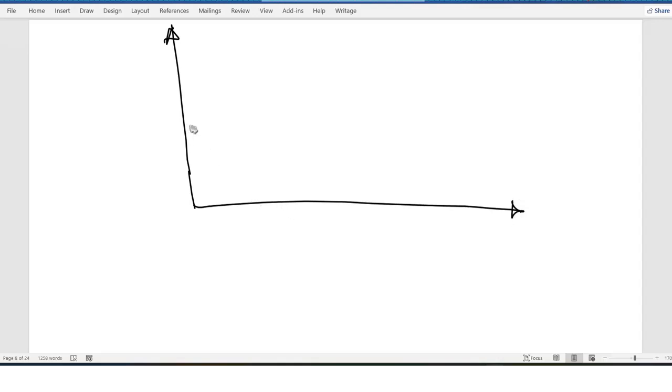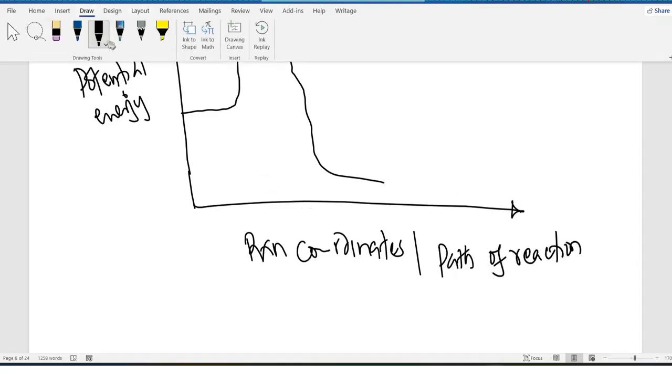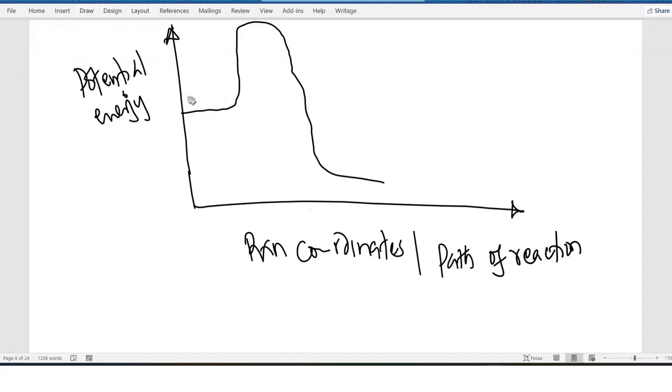So the activation energy could be here, and then here we are talking about the potential energy, and down here we have reaction coordinates, or what we can call the path of reaction. So here we have reactants, we have products here.